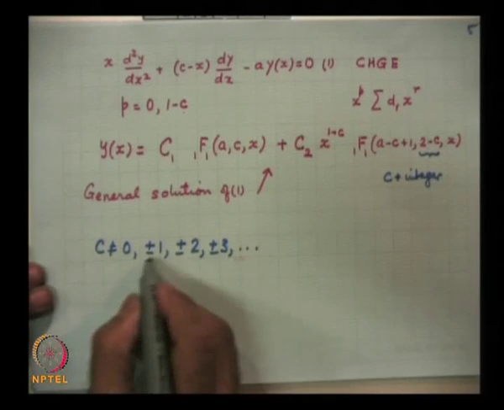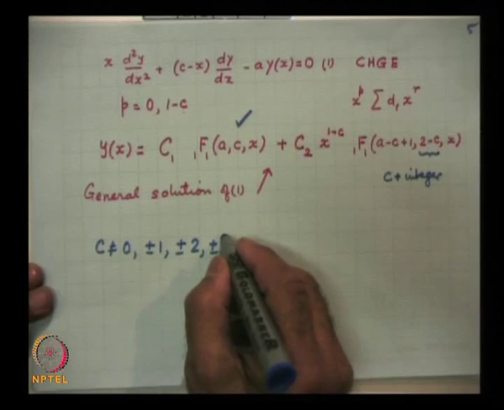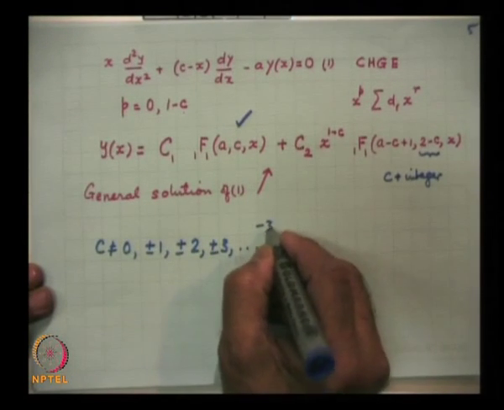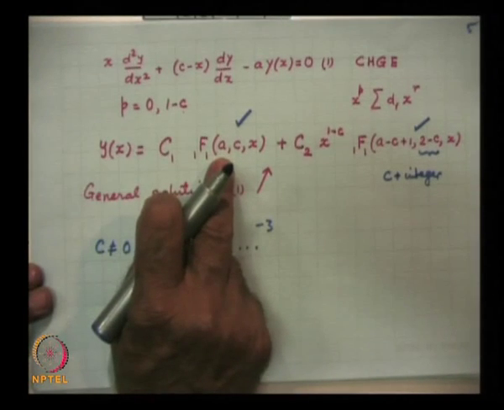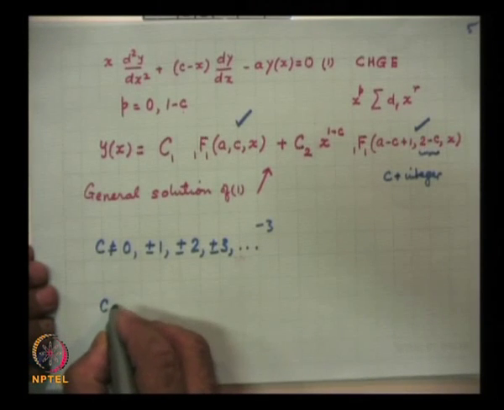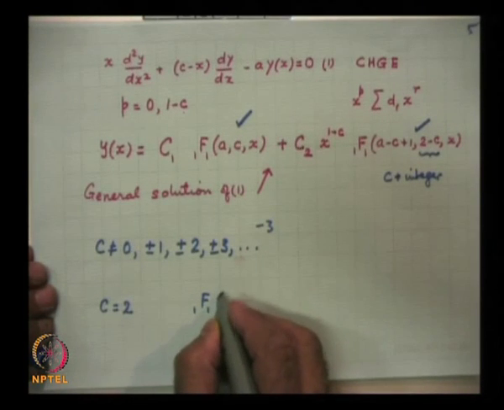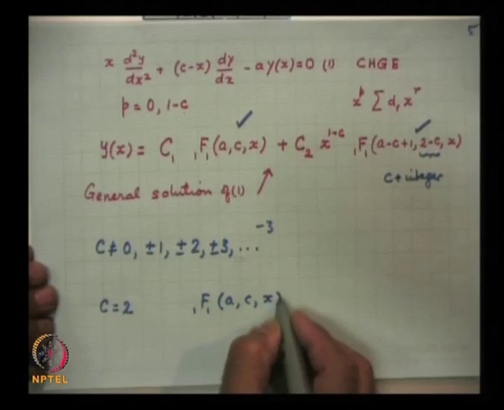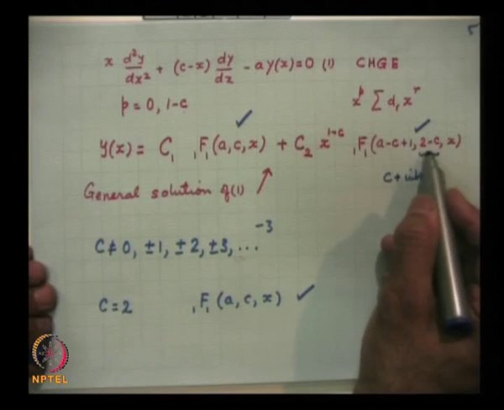Actually, when c is equal to 1 plus 1, then this is all right. And when c is equal to, let us suppose, minus 3, then this is all right, but this is then not all right. I repeat that, let us suppose when c is equal to 2, then this function will be okay, because c appears in the denominator, but this function will be 0.